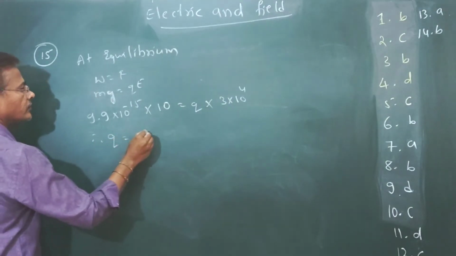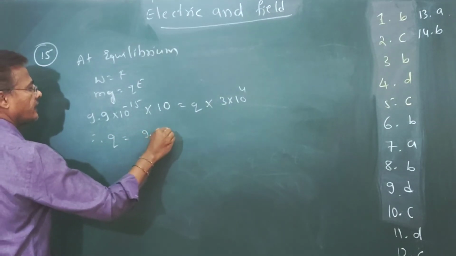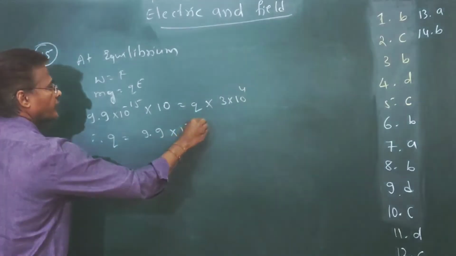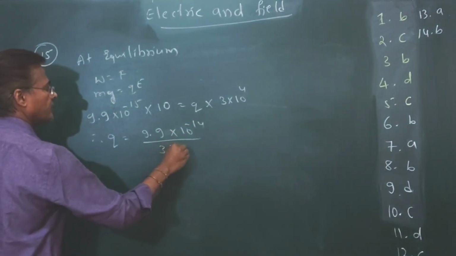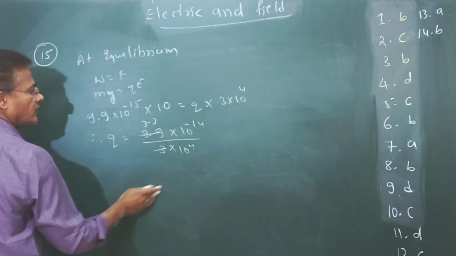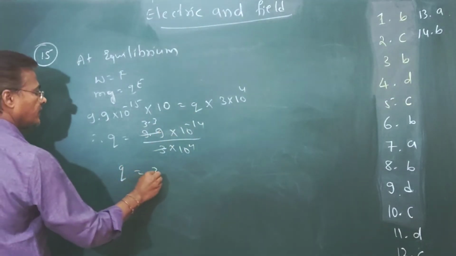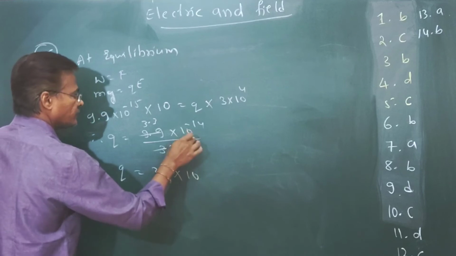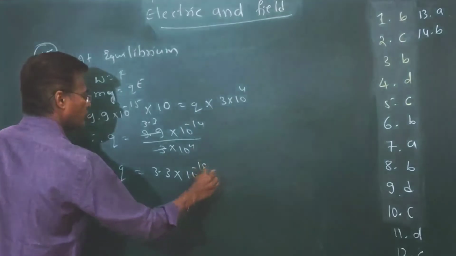Therefore q equals 9.9 into 10 to the power of minus 14 divided by 3 into 10 to the power of 4. It gets cancelled to 3.3, so q equals 3.3 into 10 to the power of minus 8 coulomb.